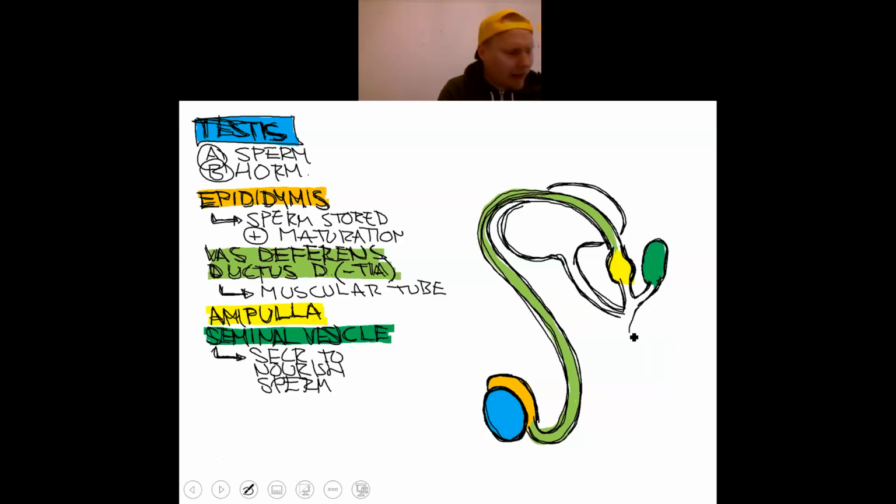All of these ducts join together, and they all travel through this next gland. And this next gland that we're going to be looking at is going to be our prostate gland.